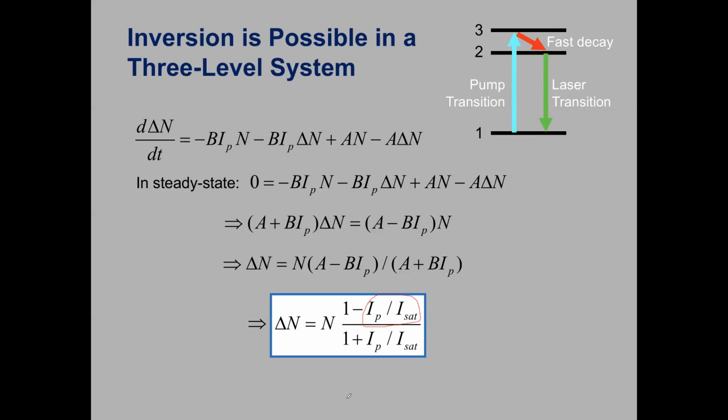So you can see here that delta n might not always be negative, but if we hit this thing with enough energy, if we make our pump intensity big enough, eventually this term here becomes bigger than 1, which makes delta n negative. That means there will come a point where the atoms and molecules in state 2 will be more than in state 1.